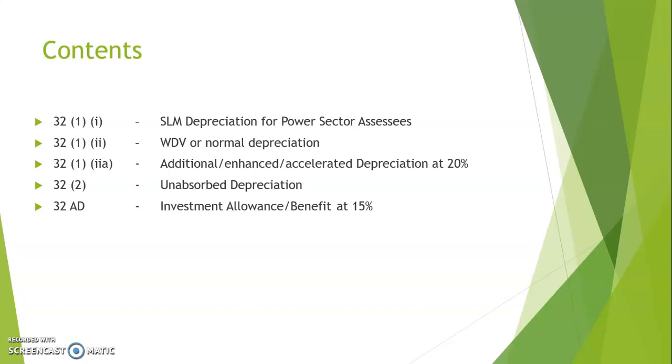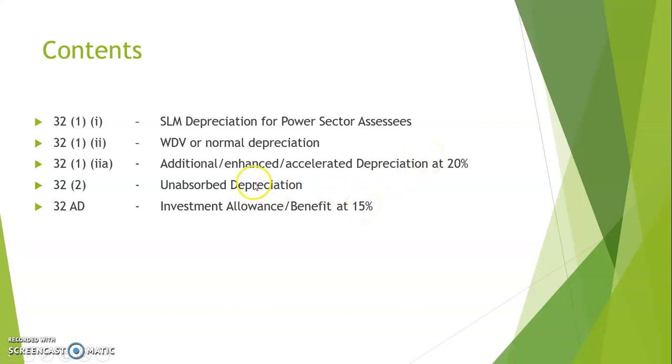Rather, it is an allowance provided by the Income Tax Act to an assessee such that if the investment is made in a particular manner, the assessee can take an investment allowance or benefit deduction at 15% over and above the basic, the additional and unabsorbed.